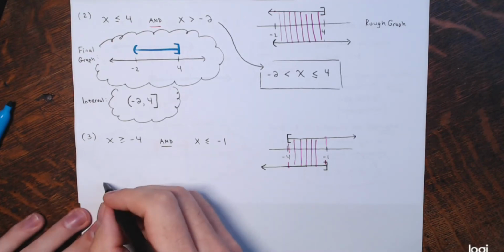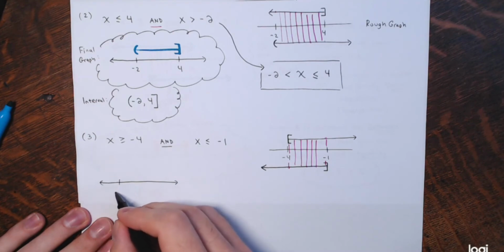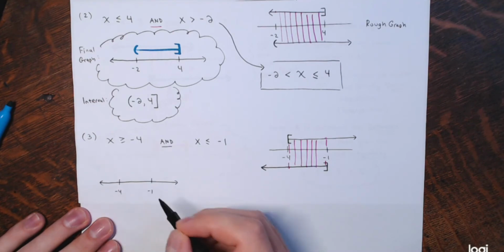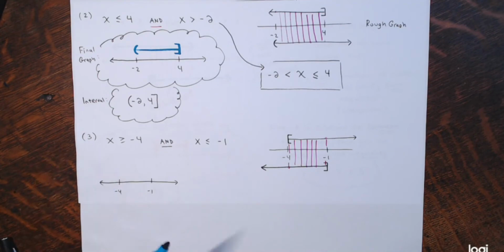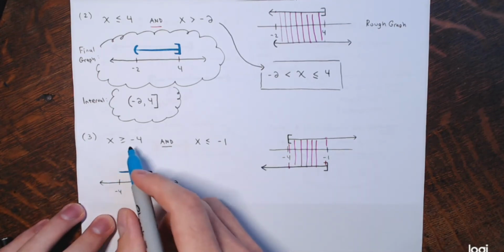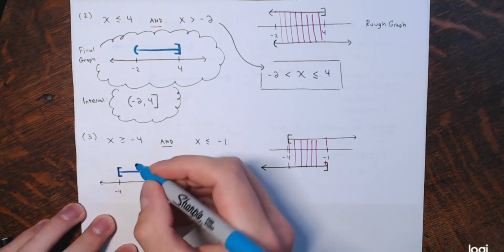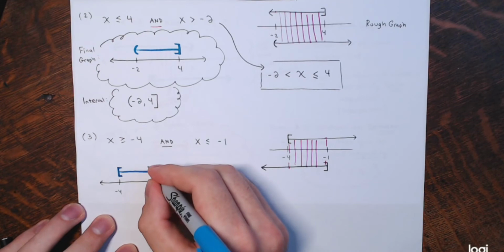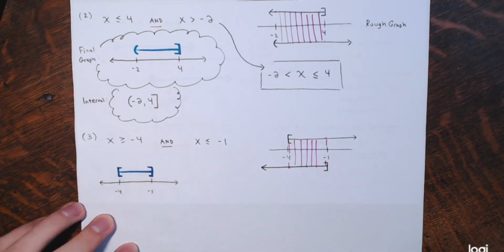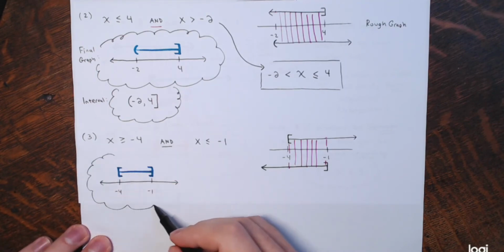So the final graph, the one I would hand in: here's -4, here's -1, and all the numbers in between satisfy both inequalities. -4 satisfies both. -1 also satisfies both. So I put brackets or closed points on both ends. So there's the final graph.